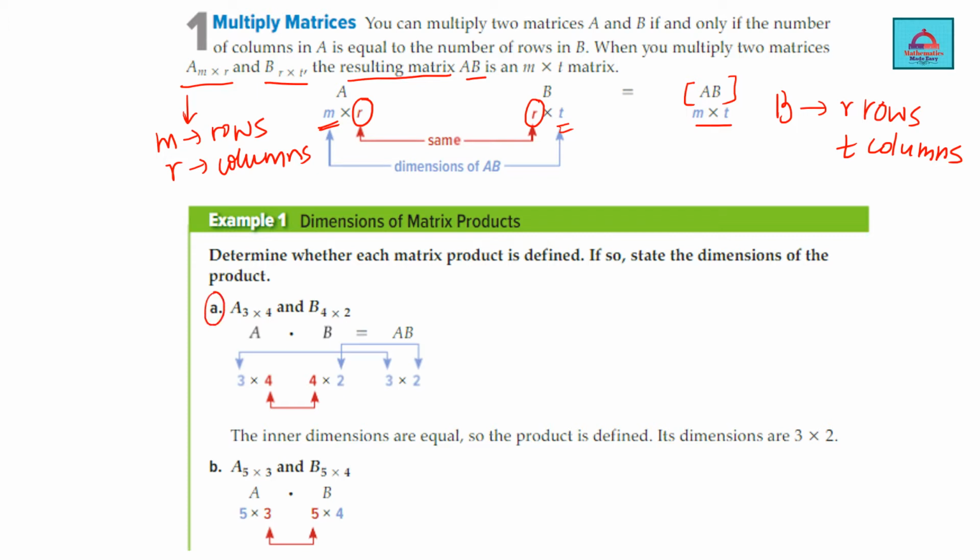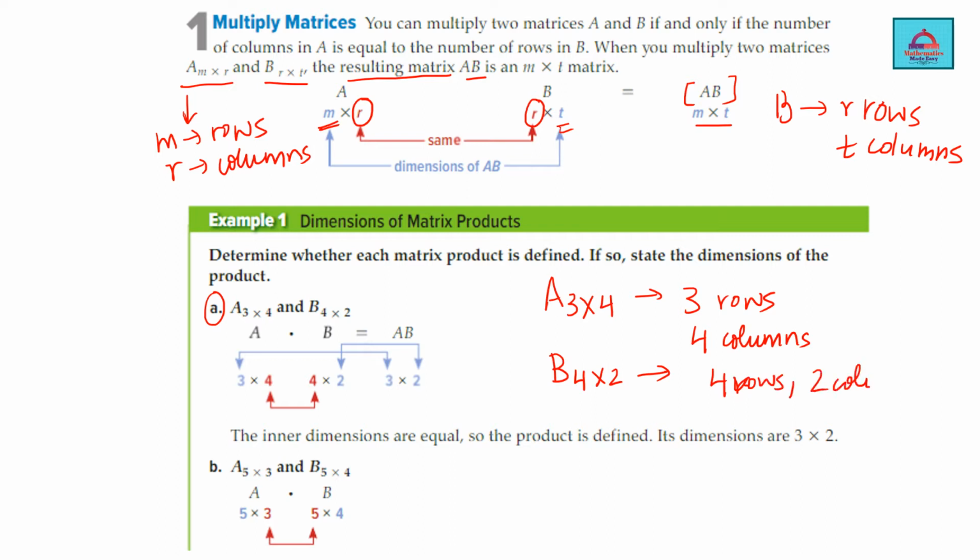So in A part, you have a matrix 3 cross 4, means it has 3 rows and 4 columns. The second matrix B has 4 rows and 2 columns. So just check, is the condition well defined for the product to be possible?